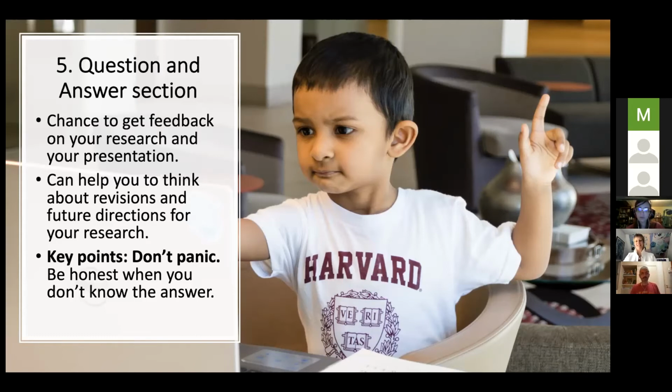This is not the way my research was going, or this is not what I focused on in my research. You can tell them very directly, that's not how I looked at it, or that's not what I was focusing on. It is okay to do that. You are not expected to know everything about your field, even though we want to, right? But you're not expected to know everything about your field.